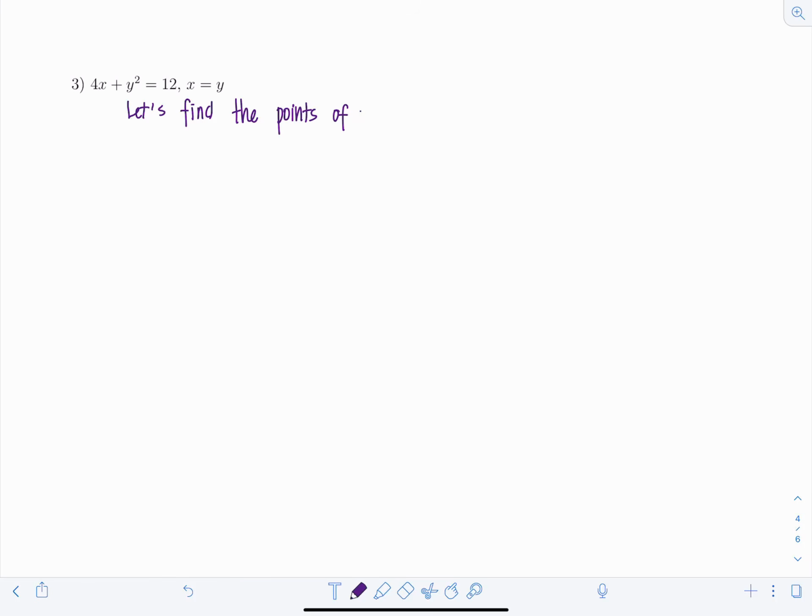Now, it's really just as easy to find the points of intersection in terms of x or y, but I think this time we can just do it in terms of x, and then it might be easier for us to build a table, okay? But sometimes you might need to do it in terms of y, and it's not that big of a deal. So since x equals y, I'm just going to substitute in x for y into the first equation.